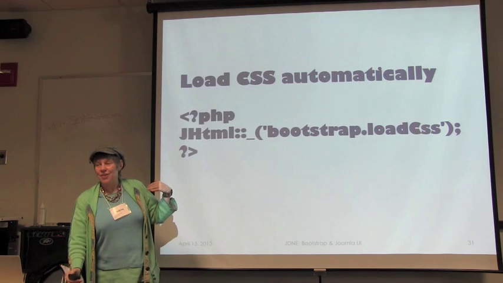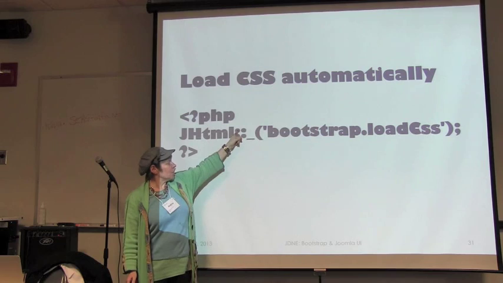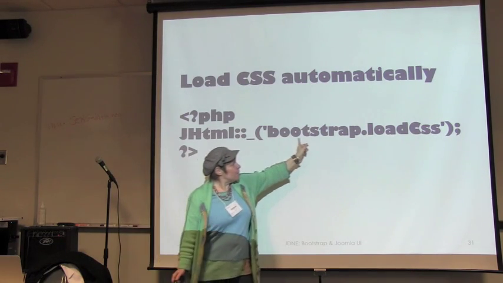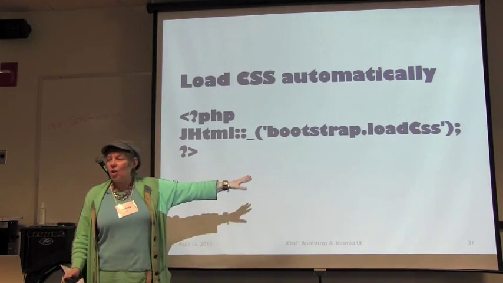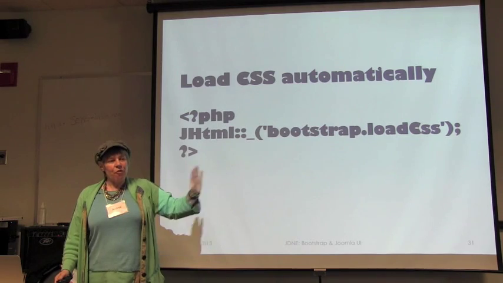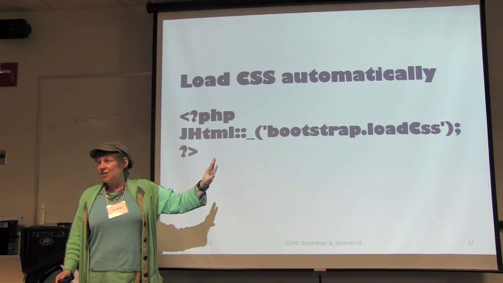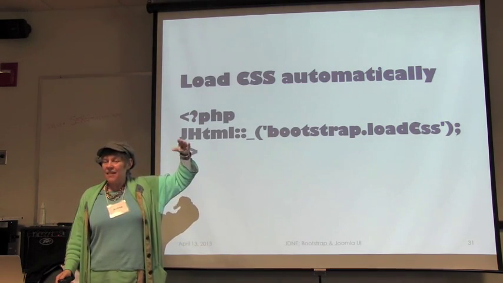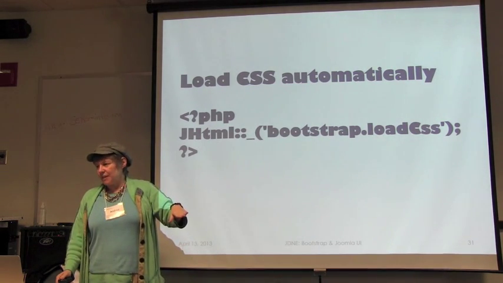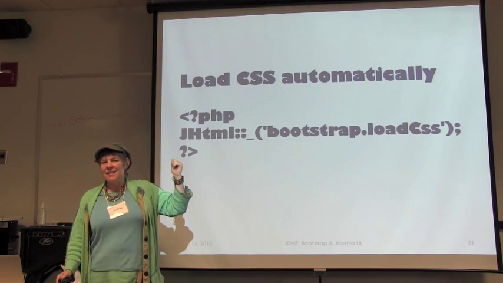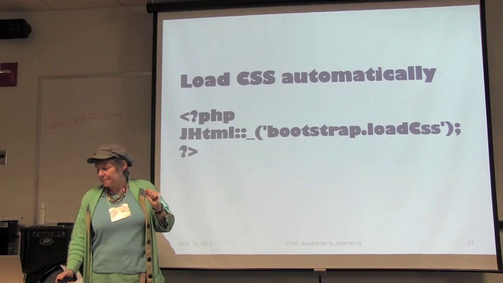If you add this to your index.php file in the header, php jhtml : _ blah blah, Bootstrap load CSS, it will load all of those CSS files from the media folder and add them. So you would have all the basics, and then you could add underneath it a template CSS that would have your specific things. But you'd be starting with a base of what the standard CSS is. So that's one way that you can do it.